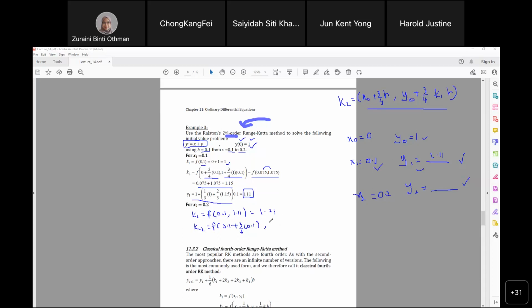Our Y1 is 1.11 plus 3/4 K1 from just now. Our K1 is 1.21, 1.21 times our H of 0.1.